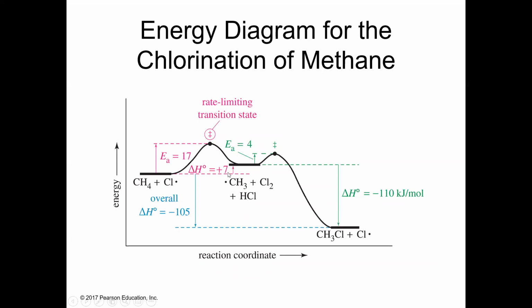This is the intermediate right here, this local minimum. And then there's a second activation energy, a second transition state. And the second step here is exothermic. It's highly exothermic by 110 kJ per mole. Okay, so overall, this is an exothermic process by negative 105.